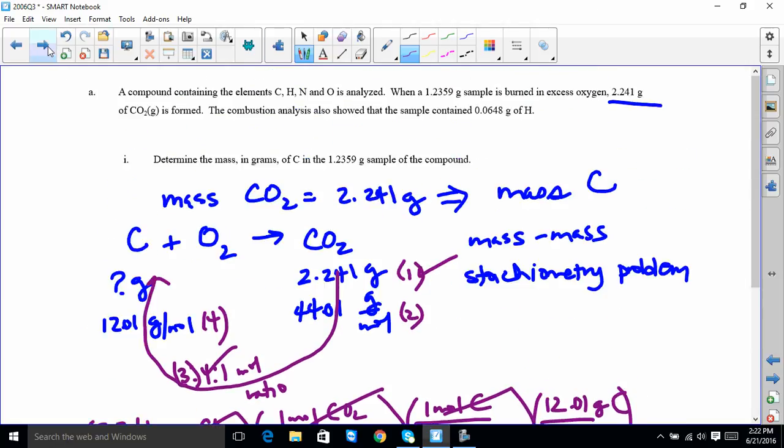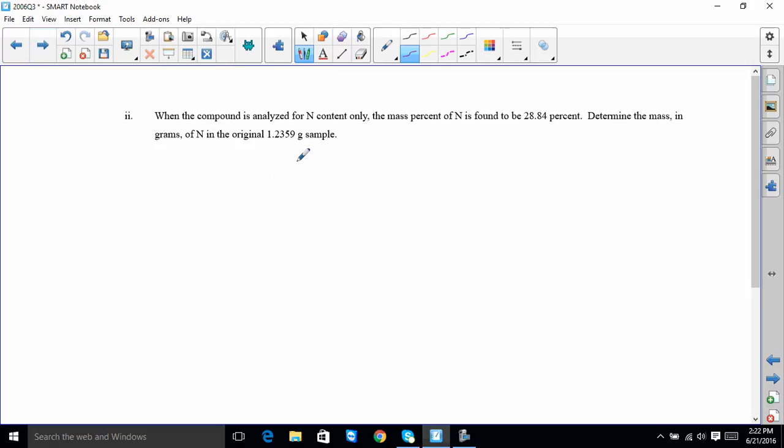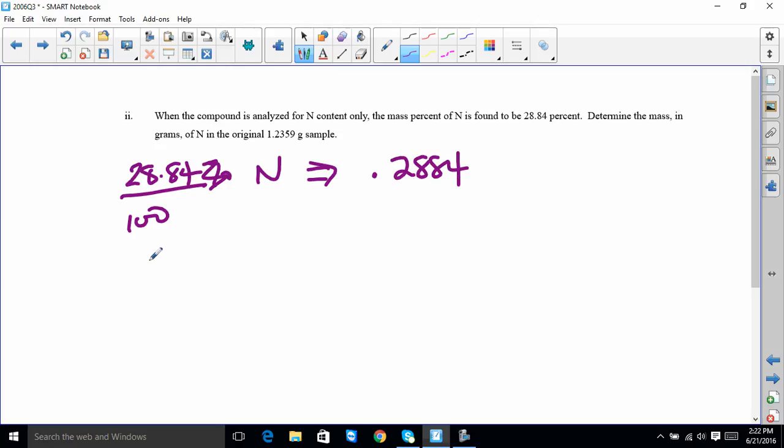All right, next thing. When the compound is analyzed for nitrogen content only, it's 28.84%. So this stuff is 28.84% nitrogen. Well, remember when you do percents, percent means per 100. And so whenever you do a percent, you have to convert it to decimals. 28.84% of the whole sample is nitrogen.